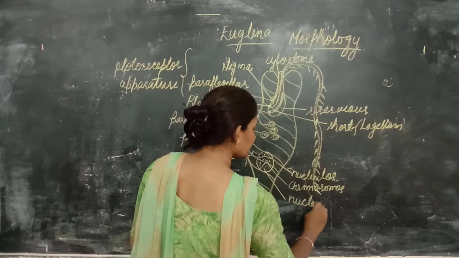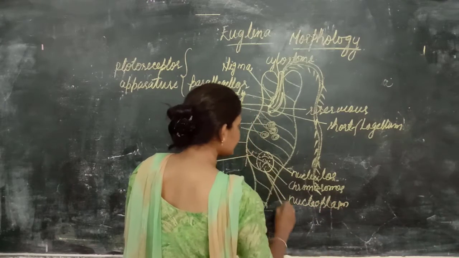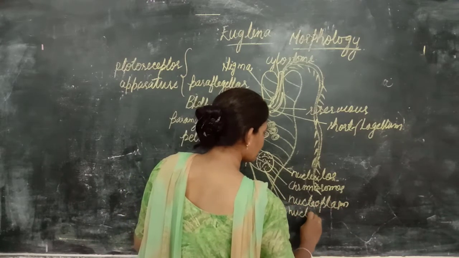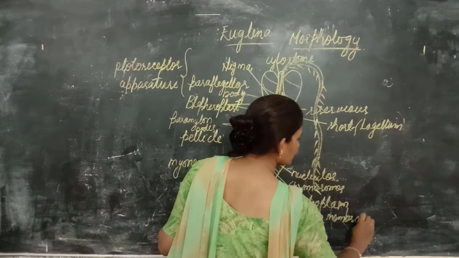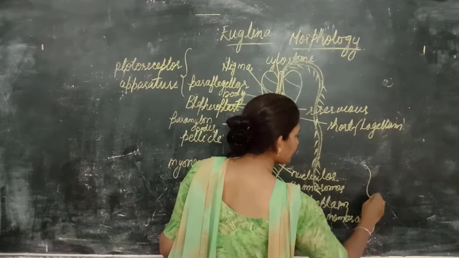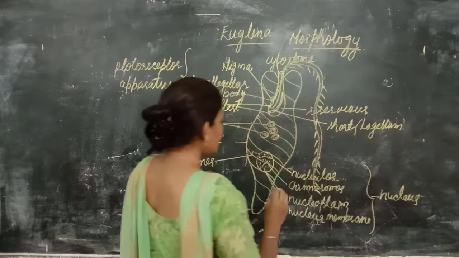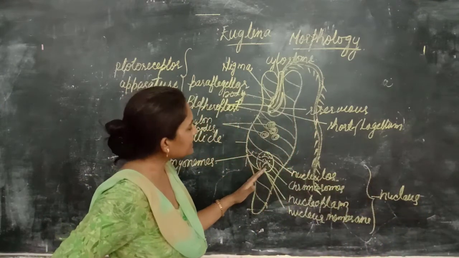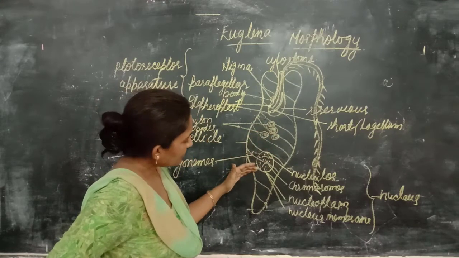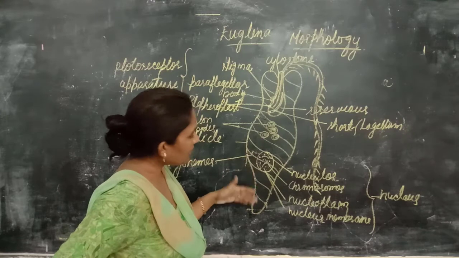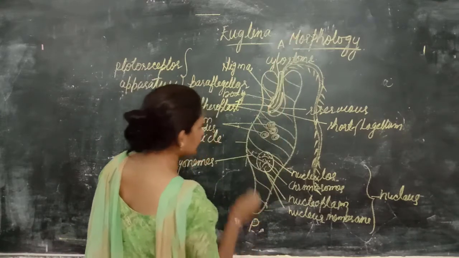This is nucleoplasm, and this is the nuclear membrane. So all this is comprised within a nucleus. Actually, the location of the nucleus is in the center or just close to the posterior end. This is the anterior end and this is the posterior end.